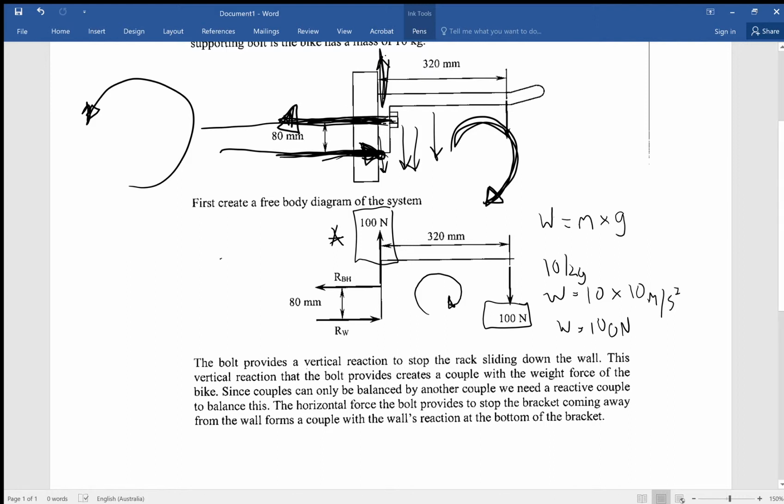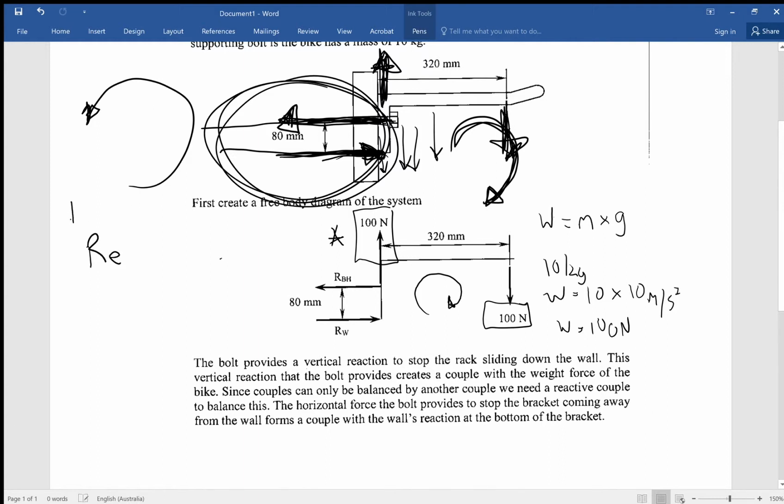This is the active couple that I'm drawing now. Active couple, and then we've got the reactive couple at the wall. So RBH is the reaction of the bolt, horizontal.